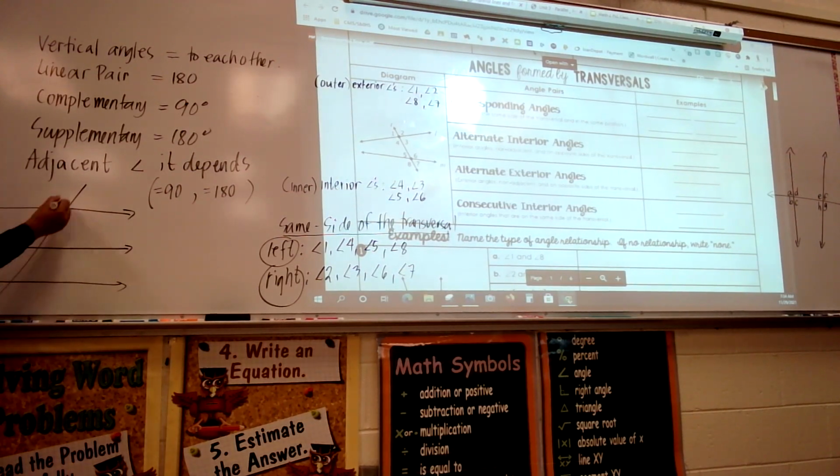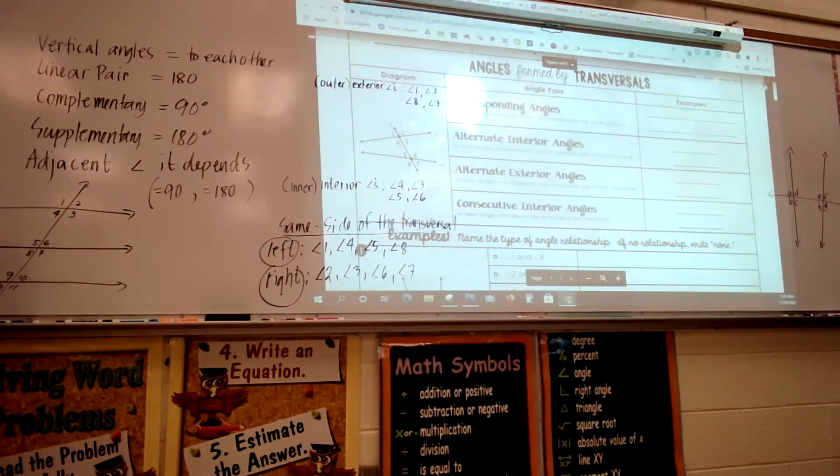Okay, good question. I like that. Now, what Maria is asking is which one is the interior and which one is the exterior. I'll label the lines as numbers. You can only identify 2 sets of parallel lines in a transversal.